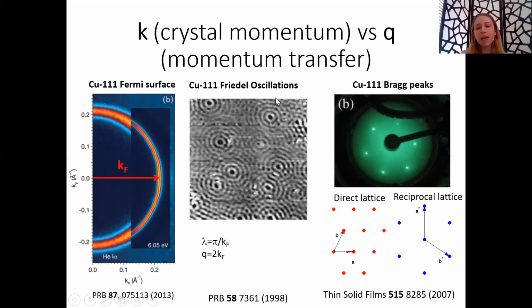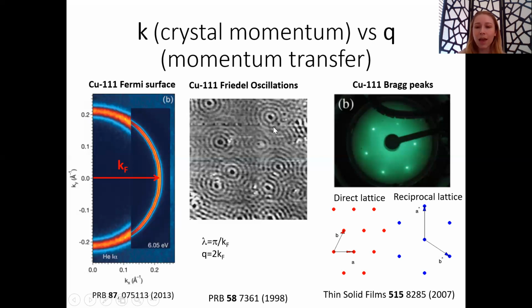The second image is an STM image that shows what are called Friedel oscillations. This is one consequence of the wave-like nature of electrons, and it's actually visualizing the wave-like nature of electrons in some sense. The idea is that you have electrons that are waves of some given wavelength, which is inversely related to the momentum.